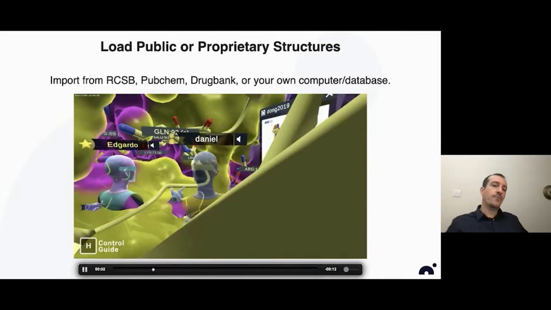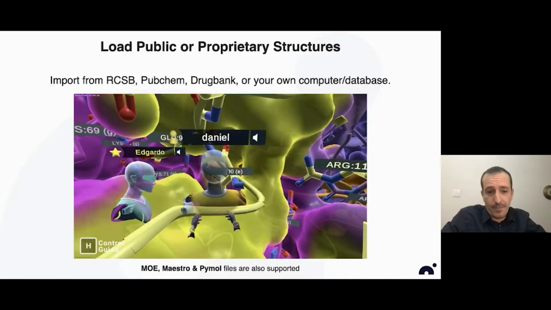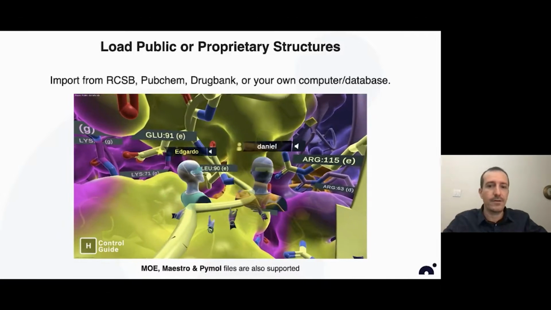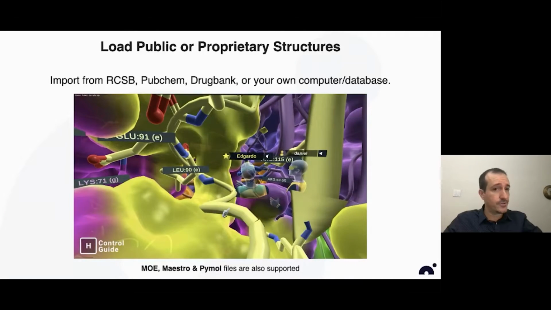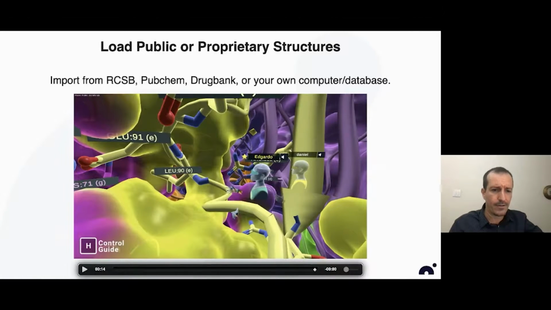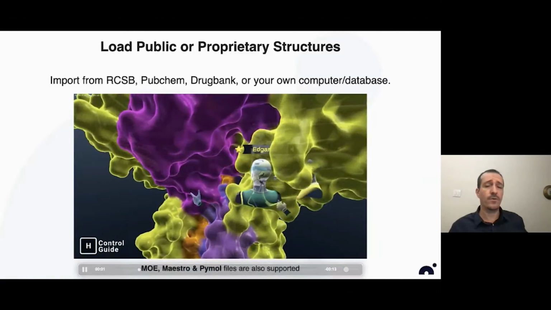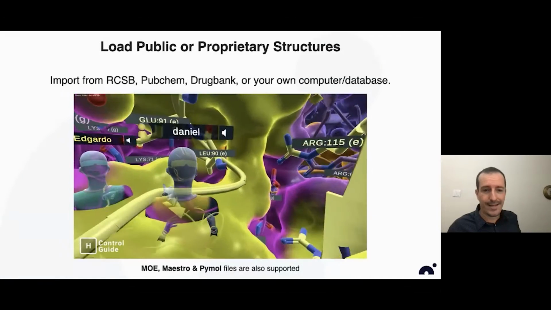So you can grab a molecule and scale it really big and get inside the molecule, inside a binding pocket or any other area of interest. You can import any structures from RCSB PDB, PubChem, DrugBank, and others, and even from your own computer, locally from your proprietary database.